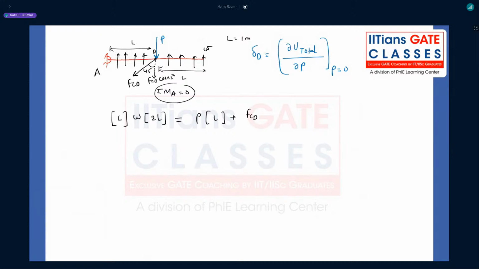If this angle is 45, so F_CD cos 45, that is 1 over root 2, once again times L. So here we can write F_CD as root 2 times (2WL minus PL), that is 2 root 2 WL minus root 2 P. Now, once we know F_CD, that is the force which is acting on the strut member, the CD member.